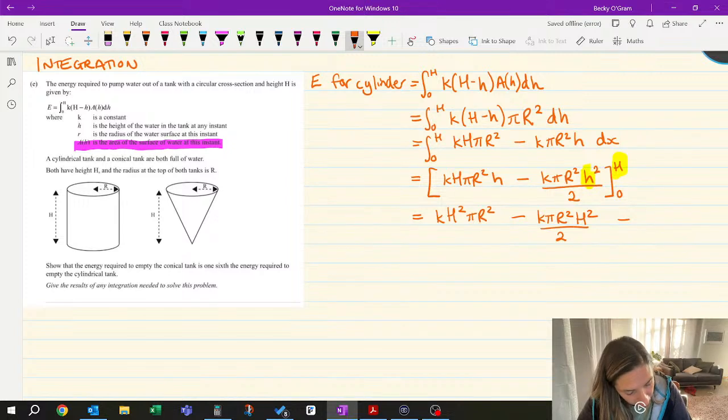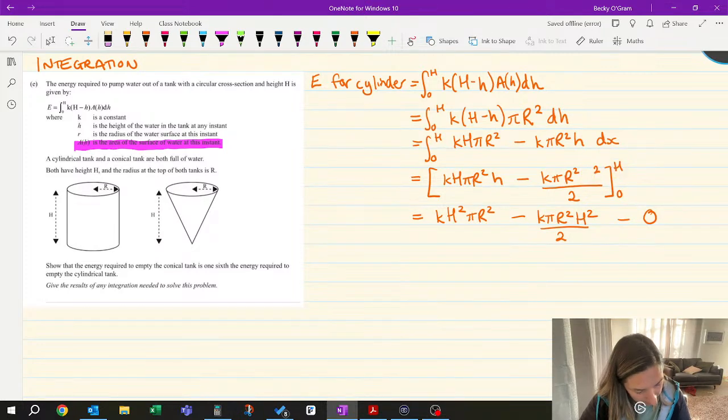If I substitute in 0 in both of those, I'm going to get 0. Okay, let's just see if I can tidy this up just a little bit. Okay, back to here. Now, take a look at this term that we have. We've got k pi r squared times by H squared. We've got k pi r squared times by H squared, and then over 2.